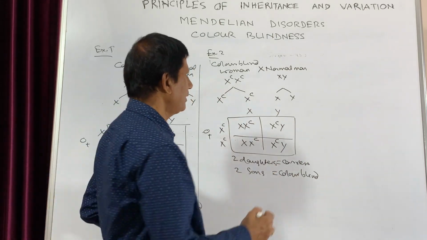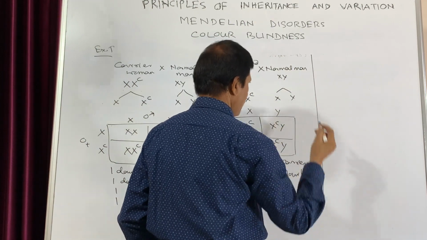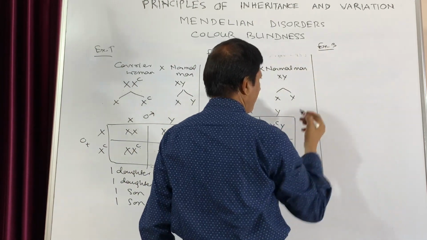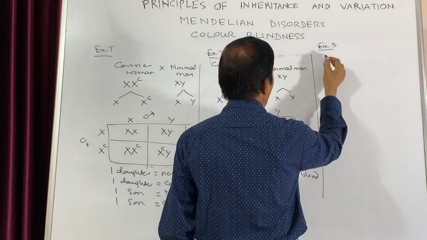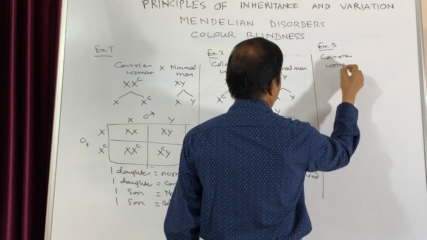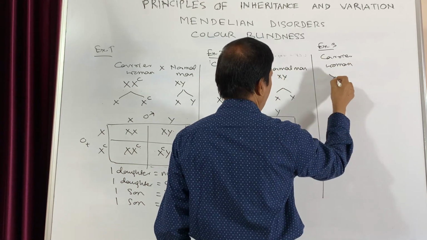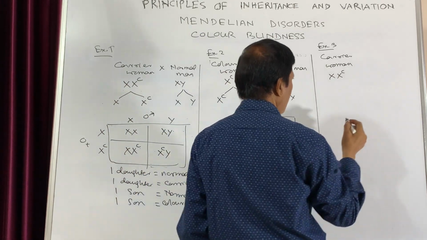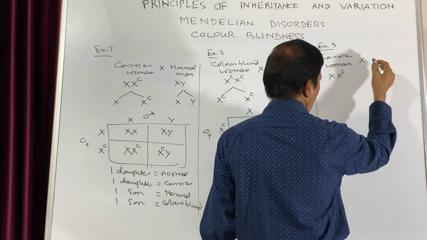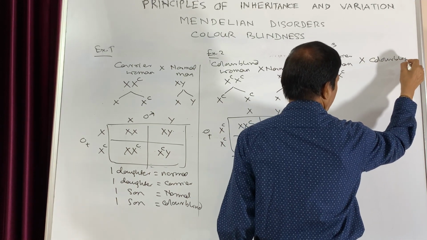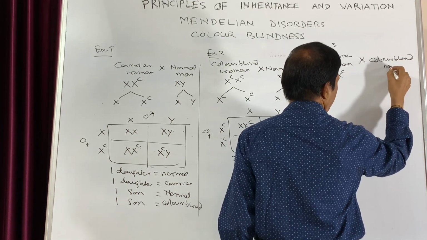Now let us take one third example, still more clear. Now example number 3. Now suppose one carrier woman means X, XC, and this carrier woman will marry a colorblind man.